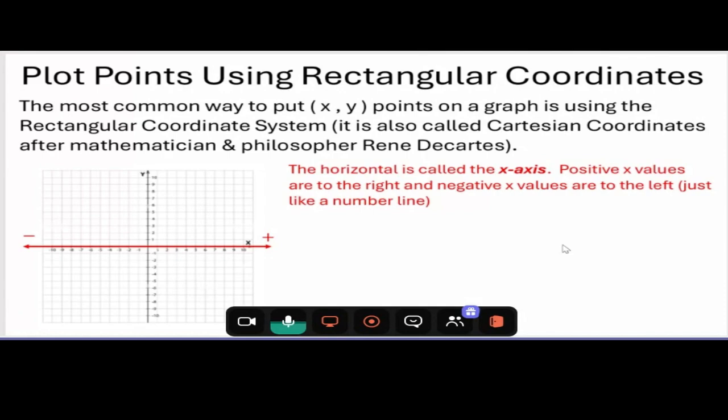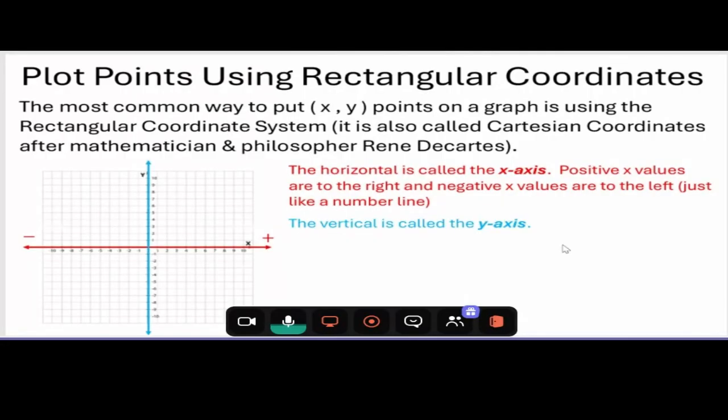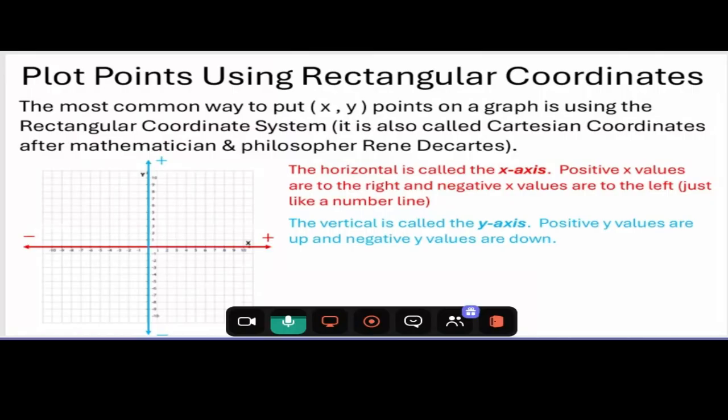When you go to the left, it's negative. So that is the first variable, the x variable. And then in blue, I've got the vertical, which we call the y-axis, and you can see we usually put a little x and a y to remind ourselves on each one. And it's the same idea, except when you go up, it's positive, and when you go down, it's negative.